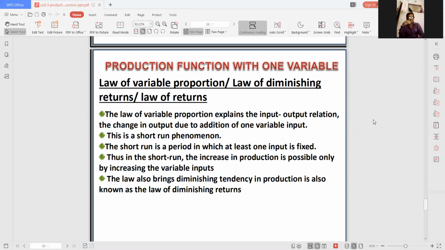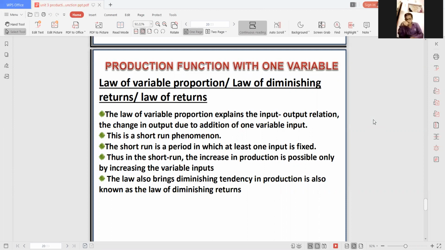Next, thus in the short run, an increase in production is possible only by increasing the variable inputs. In the short run, the scope for increasing the output is possible only by increasing the variable factors, not the fixed factor, because a fixed factor is always fixed. We cannot change it in the short run.